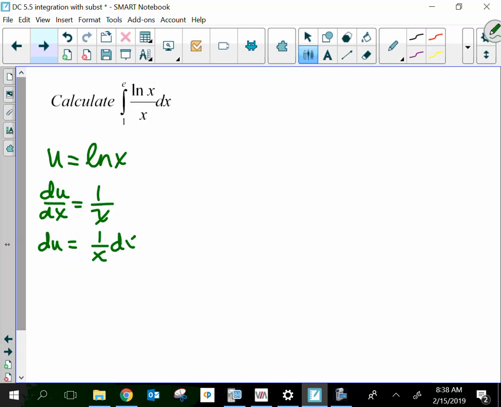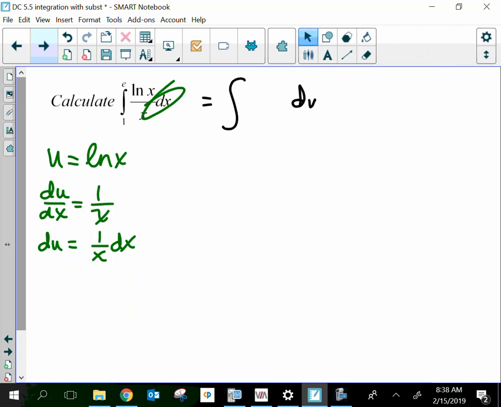All right. So this is what we're going to replace with du. Okay, what do I have left inside there, Elena? This is gone because it's been replaced. No, I don't. U is ln of x, darling.